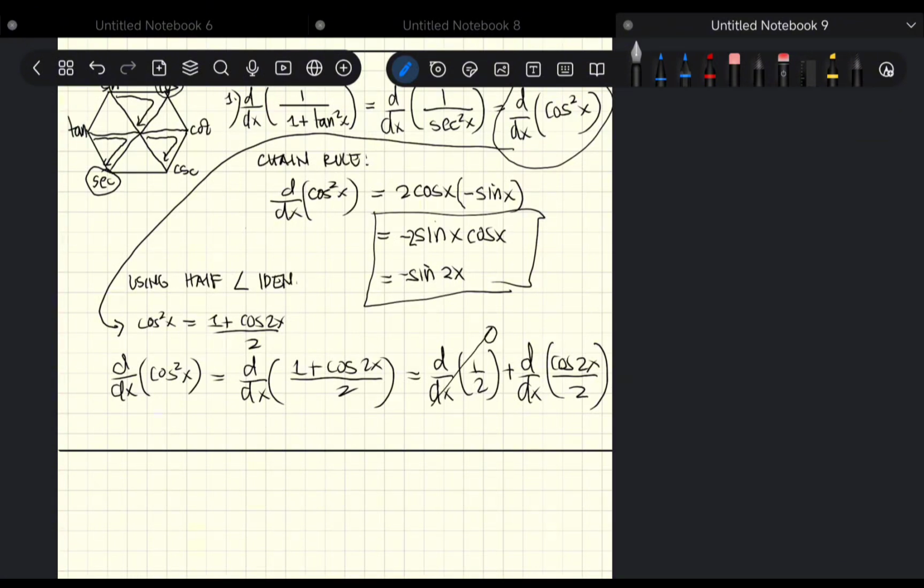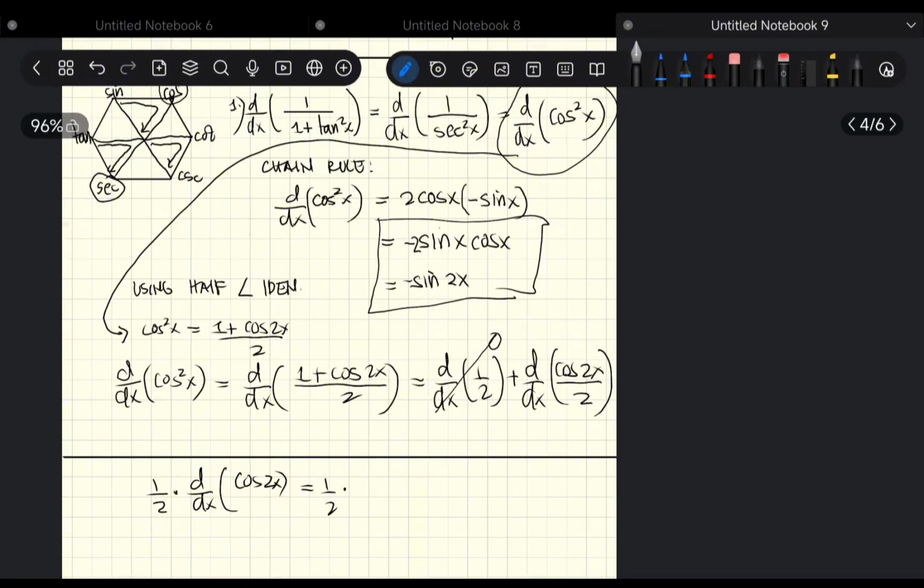Since that is constant, for the derivative of cosine 2x, we're going to move outside the 1 half. So the derivative of cosine 2x is what?